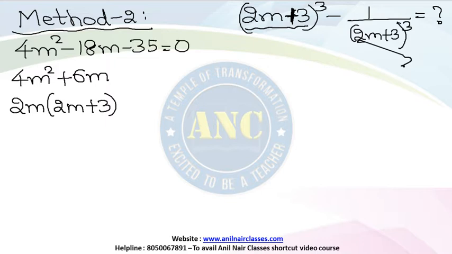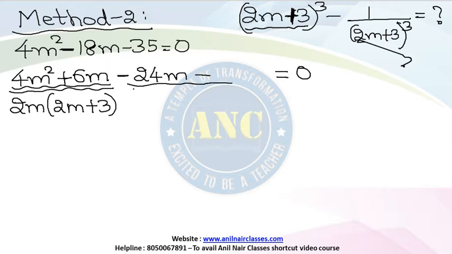Now I got 6m here, but I should get minus 18m. That means the remaining term is minus 24m, because minus 24 plus 6 is minus 18, and the other term is minus 35. That adjustment of minus 35 I will do within a minute, nothing to worry. Now see here, in the first two terms I took 2m common factor and wrote 2m plus 3.